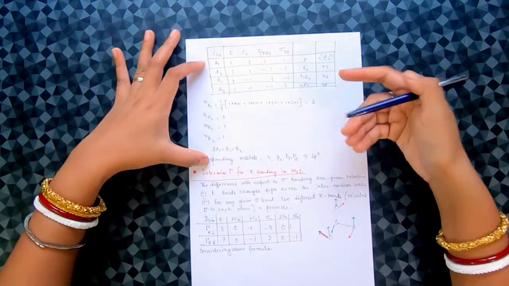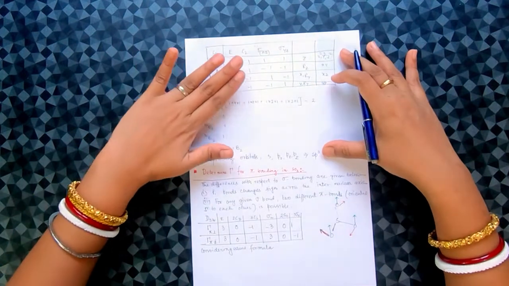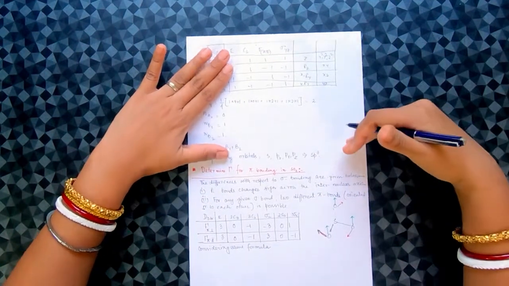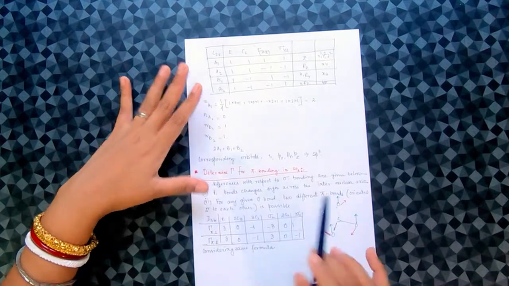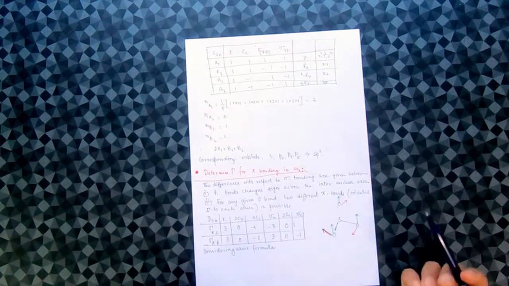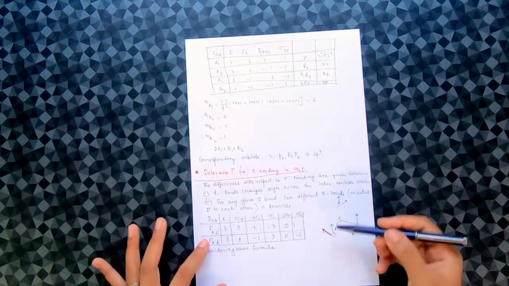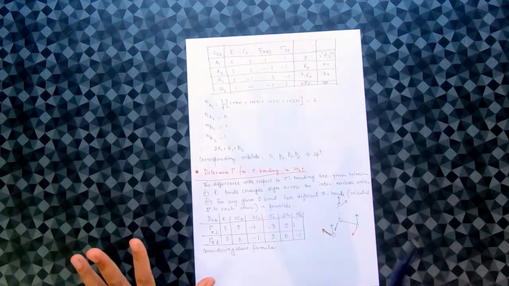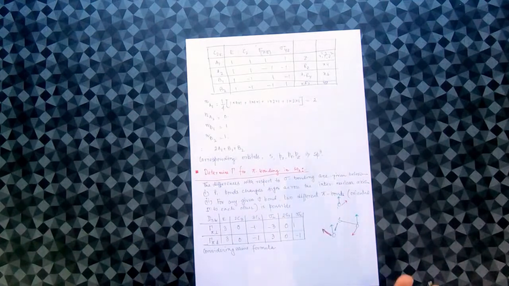For the sigma bond you use this part, and for the pi bond you calculate in these two ways. A pi bond changes sign across the internuclear axis, and for any given sigma bond, two different pi bonds are possible.